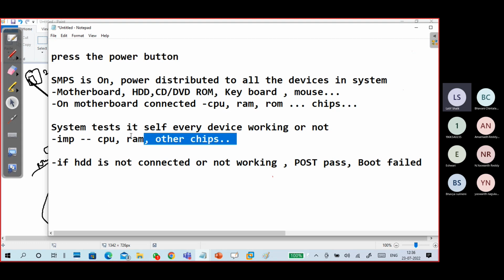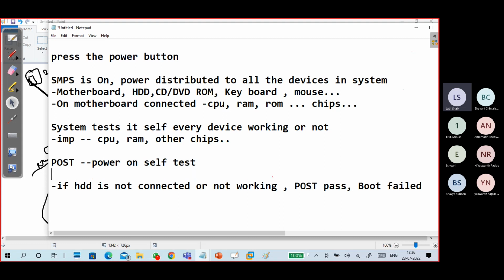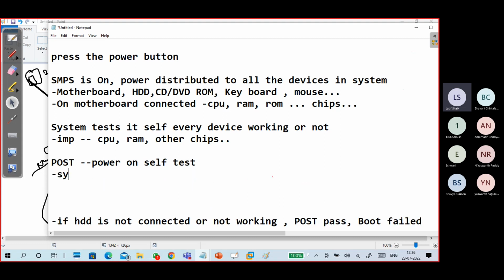So one is, make sure every device is working or not. Importantly, CPU, RAM and chipsets are working. So then it is called a post. What is post? Power on, self-test. What is the meaning? System tests itself.